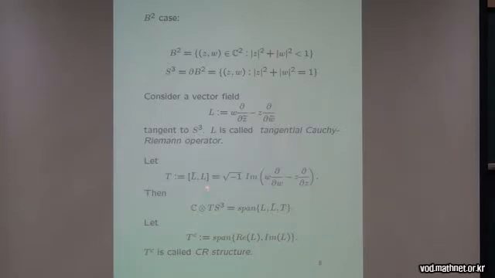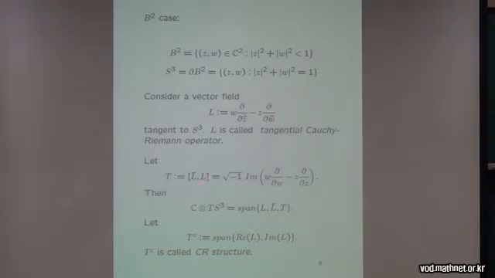Then take the bracket, then this generates another vector field. This is not Cauchy-Riemann because we have W and DZ, and also this is imaginary, so this kind of vector field also appears here.